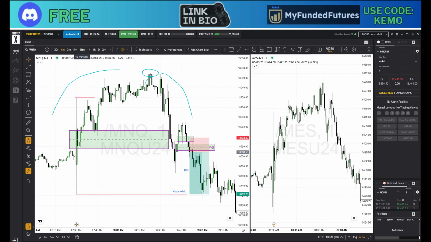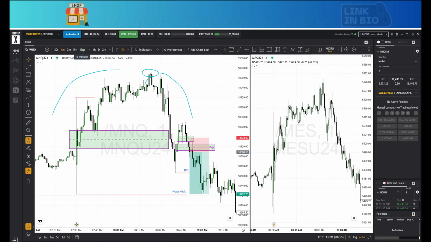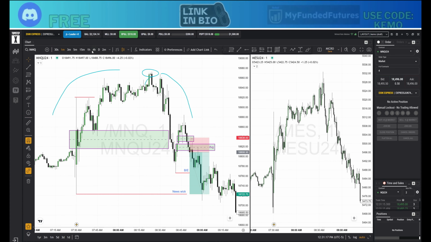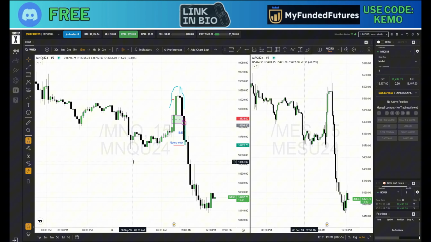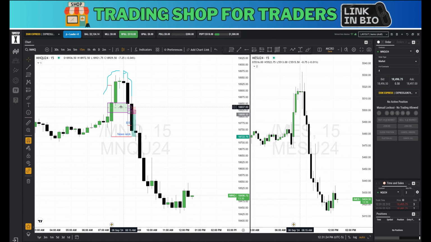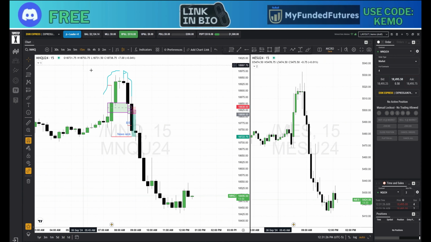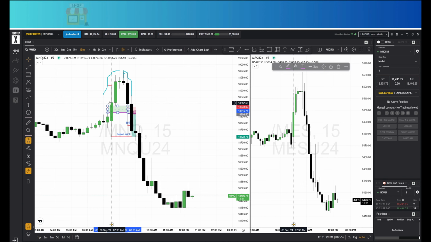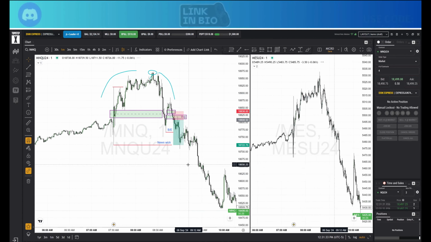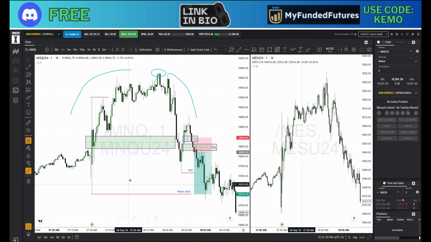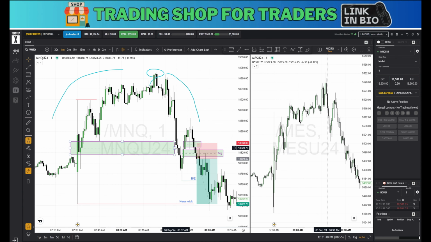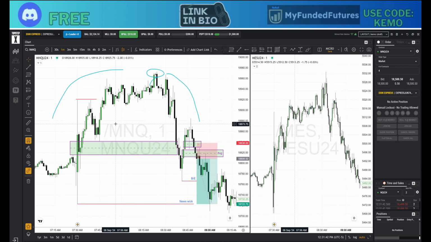But I want to explain my thought process behind why I decided to short from right here. On the 15 minutes, because we don't need to go any higher than that, we left a 15 minutes bullish fair value gap here, and this is pretty tricky because you cannot confirm that this is the sell side of the curve unless we break this bullish 15 minutes fair value gap.